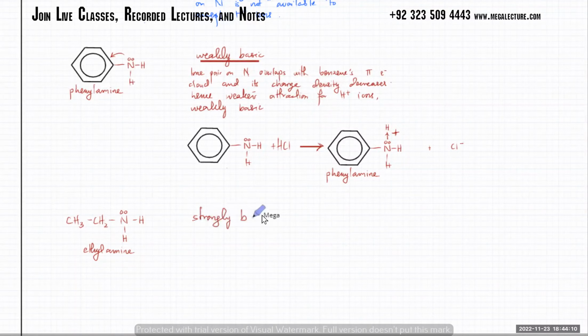Relatively strongly basic; they're all weak bases. Why is that? Because you've got an alkyl chain, and that alkyl chain has an electron donating effect. So the charge density on the lone pair increases, so there's going to be more attraction.